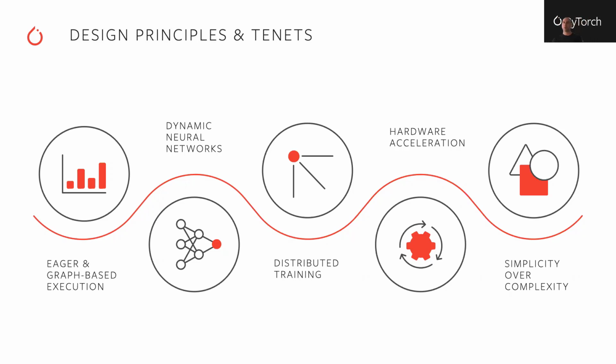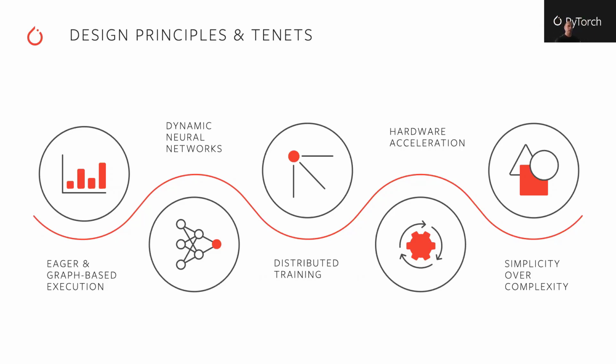We've also noticed, of course, that models are getting larger. If you look at GPT-3 at 150 billion parameters, and even pushing beyond that with some of the more recent models, distributed training, especially model parallel distributed training, is becoming more and more important as these models just don't fit into memory anymore. So that's an area of investment. Fourthly, hardware acceleration. Whether it's cloud TPUs, better support for NVIDIA GPUs, or the myriad of other hardware accelerators and devices that are out there, either in servers or on device, like phones or otherwise.